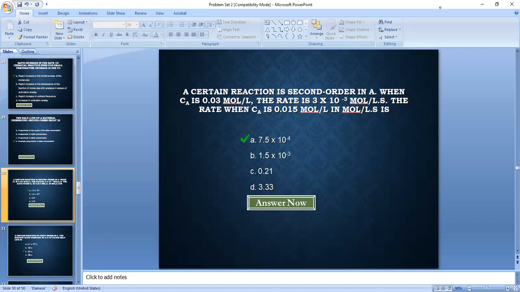A certain reaction is second order in A. You're given that when C_A is 0.03, the rate is 0.003, or 3 times 10 raised to negative 3. Now it's asking you what would be the rate if the concentration is 0.015 for this same reaction. I'll be back after a minute.